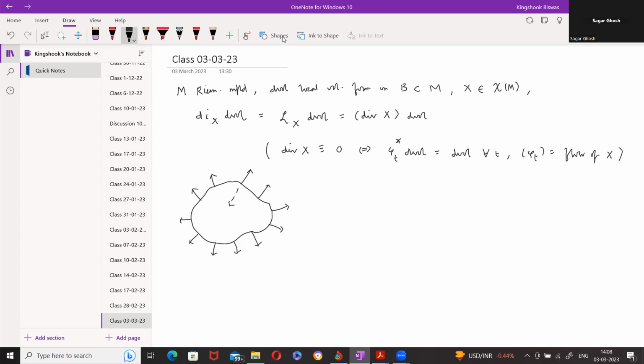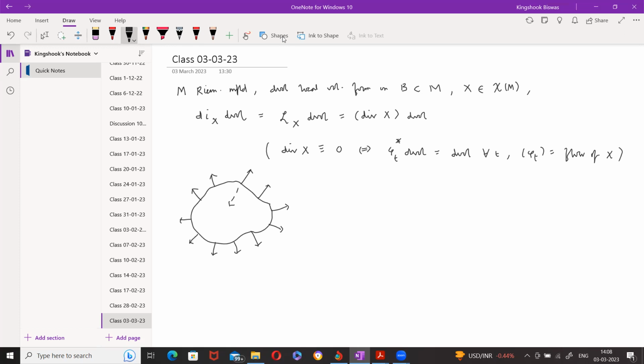Well, in a chart on the boundary, if the chart maps the boundary to R^{n-1}, the boundary of the upper half space, then the derivative of the chart will map the outward unit normal to a vector which points out of the upper half space, right? So that's how you define an outward unit normal. And the orientation on the boundary is defined using the outward unit normal.